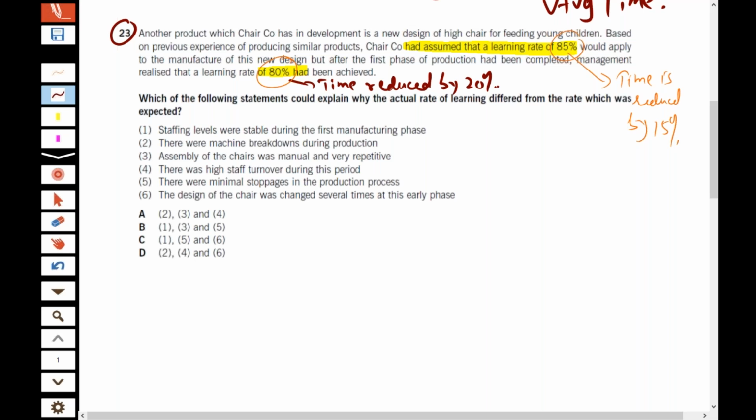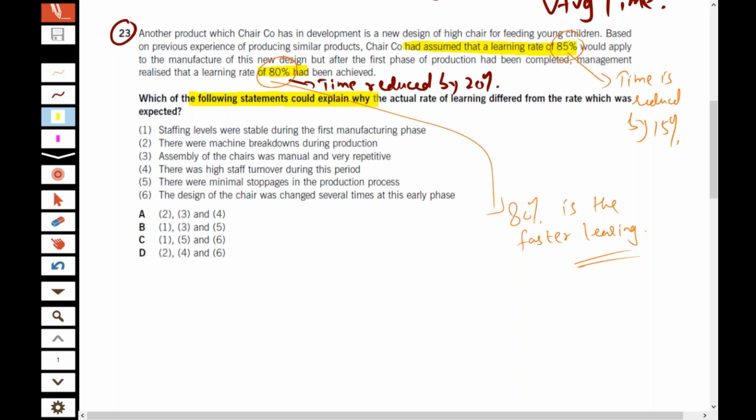Now tell me, which is the faster learning, 85 or 80? 80, exactly. So I am writing here that 80% is the faster learning.